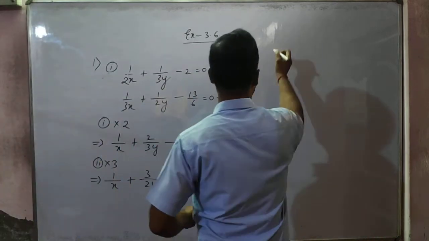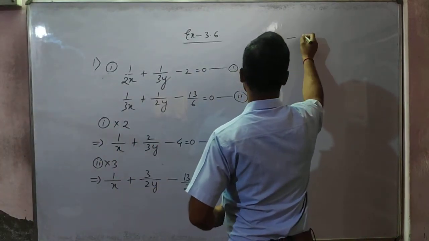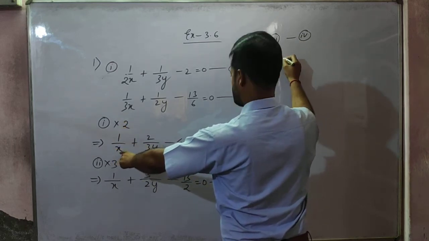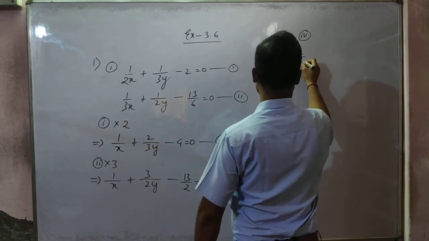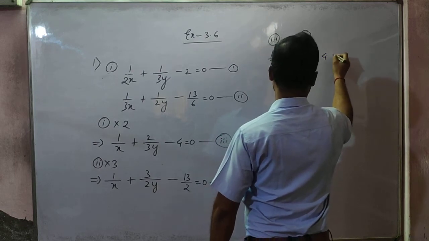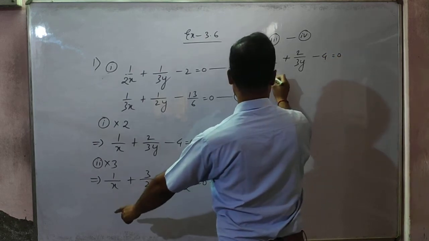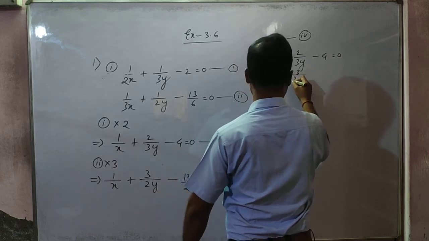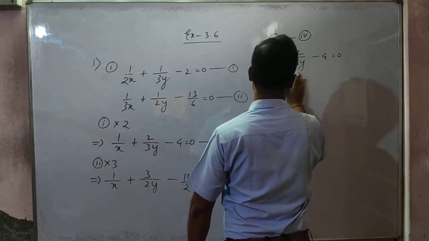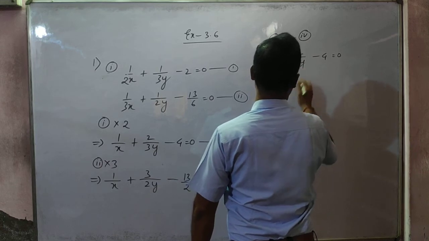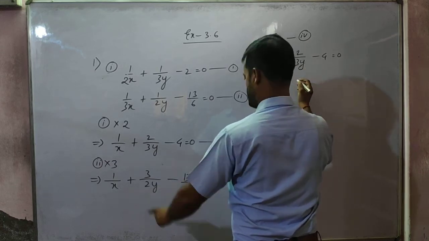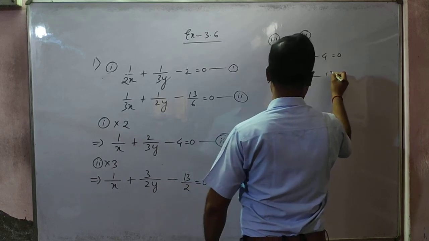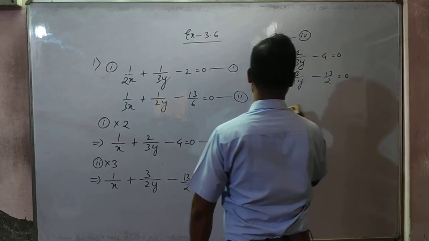So 3 minus 4 you do like this. Now you see, 1 by x plus 2 by 3y minus 4 is equal to 0. Here also 1 by x plus 3 by 2y minus 13 by 2 is equal to 0.